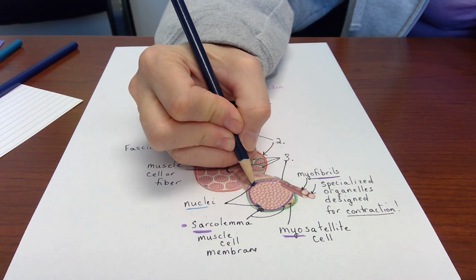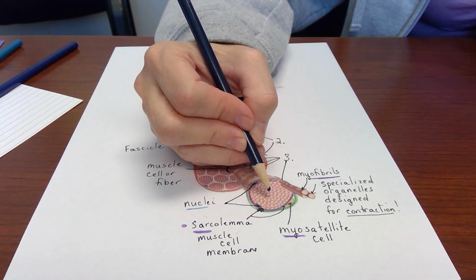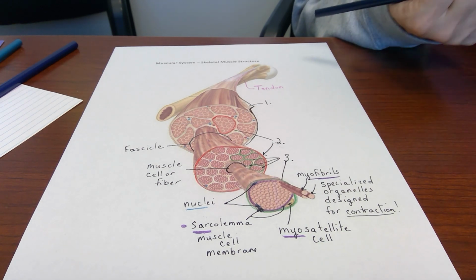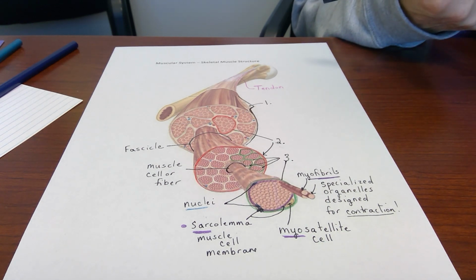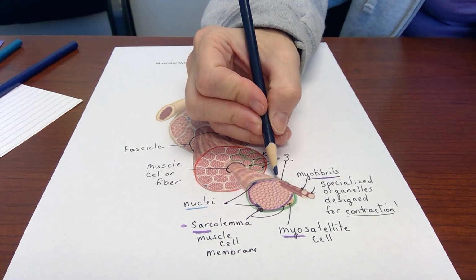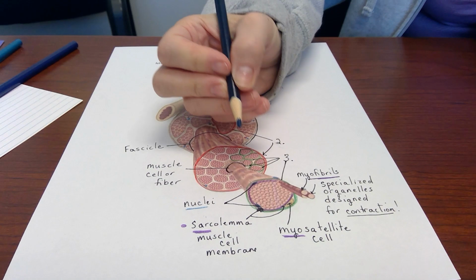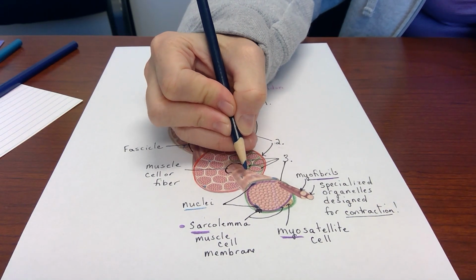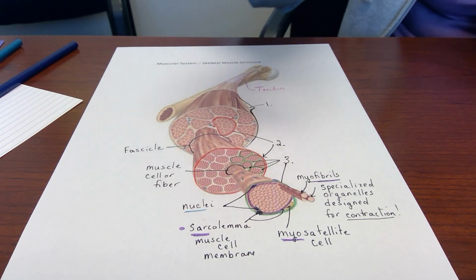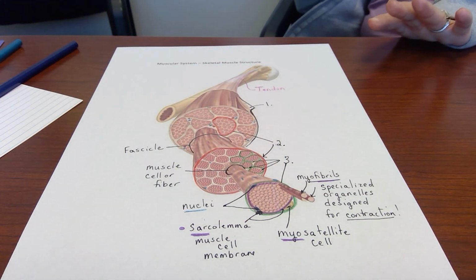They're sitting out on the edge of the cell, not in the center where you would typically expect. These cells are also multinucleated, meaning there's more than one nucleus per cell. You can see the nuclei tucked underneath that sarcolemma, scattered throughout your picture here. So we have a multinucleated muscle cell.